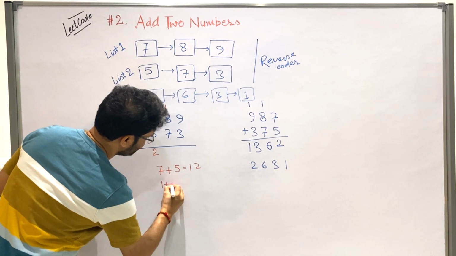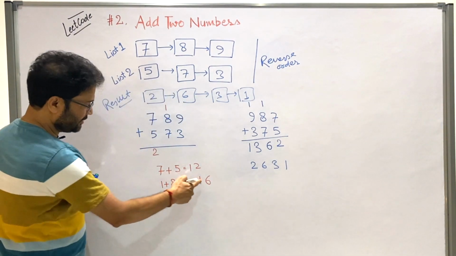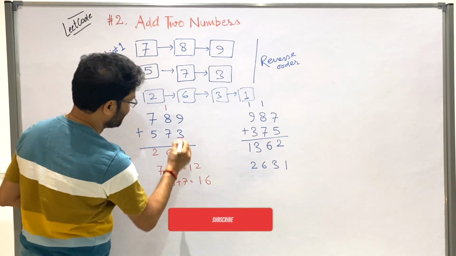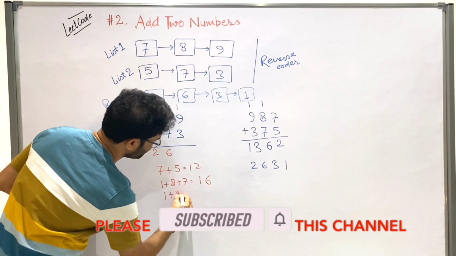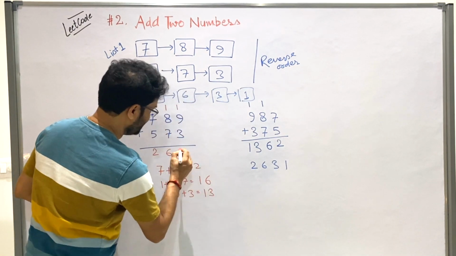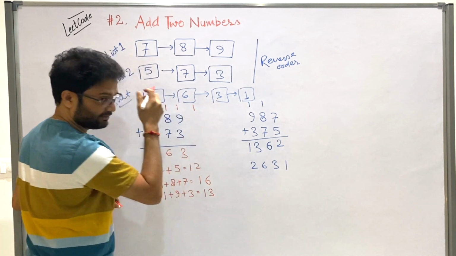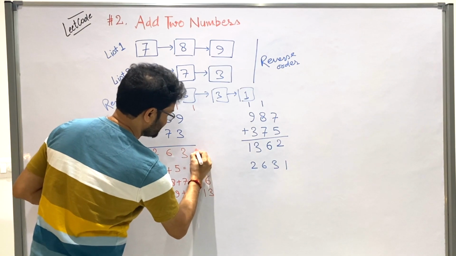Then carry plus 8 plus 7 is 16, put the 6 here and carry 1. Then 1 plus 9 plus 3 is 13, put the 3 here and carry 1. Now nothing is there, so take the carry as it is.